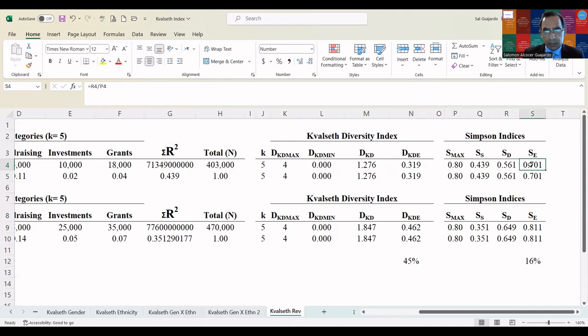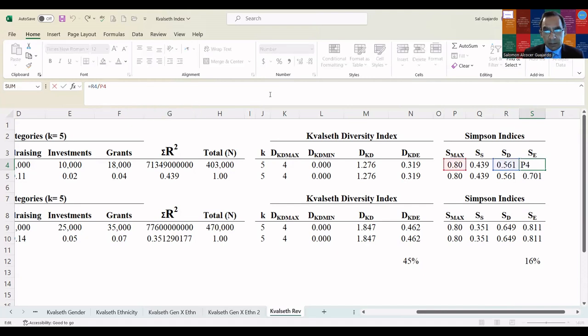And in comparison, the Simpson standardized index is 0.701. And again, I get that by first obtaining the Simpson index of concentration.